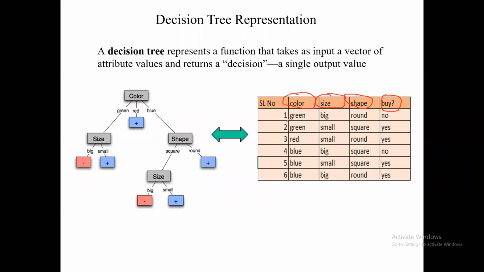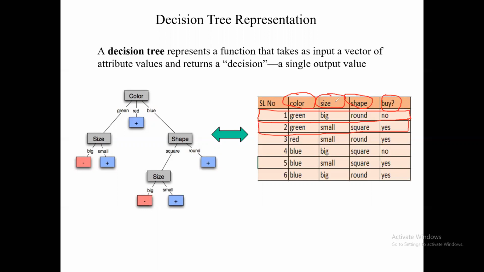In the data set, we also have certain examples. So each of the row in the data set is one example, right? And in each example, there is a value for each of the attributes. So for example, in example 1, the value for the attribute color is green.